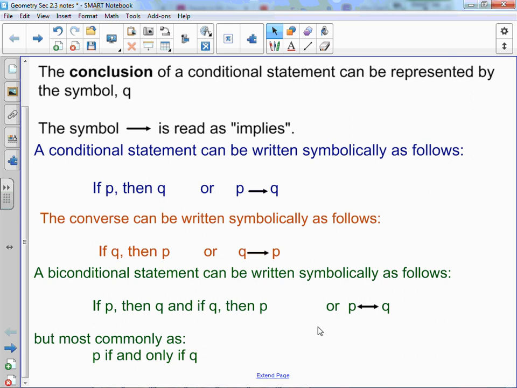Right? It's because it's a conditional and a converse together in one. All right, so most commonly you would read that P if and only if Q. So we represent this double-sided arrow as if and only if, because that's what's required for it to be a biconditional statement.